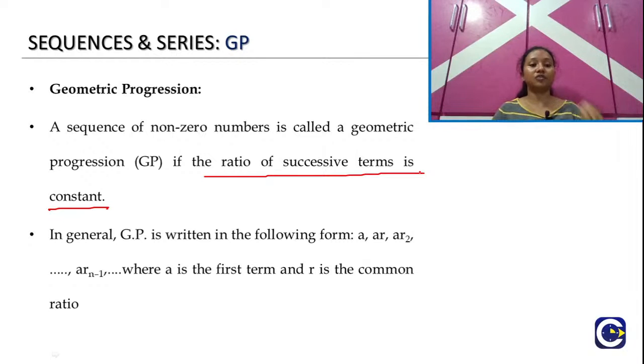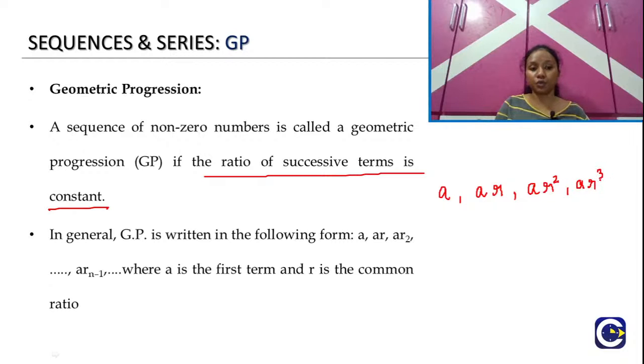In general, if we write a geometric progression, it will be given in the format of A, the first term, and then the ratio, so AR is the second term, then AR square the third term, AR cube, and so on.